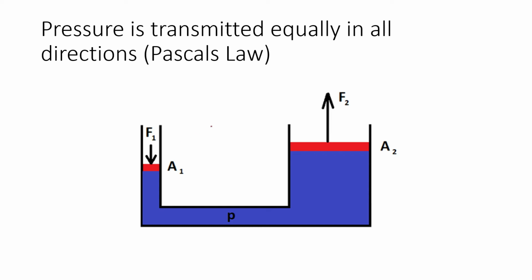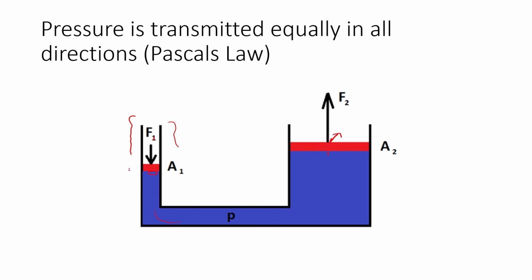So this is another application of Pascal's law. You can see that the pressure is transmitted equally in all directions. When you apply a force here, a pressure is created here. That pressure will be transmitted at this point also. Any pressure change that is felt in any part of that confined incompressible fluid will be felt in all other places.